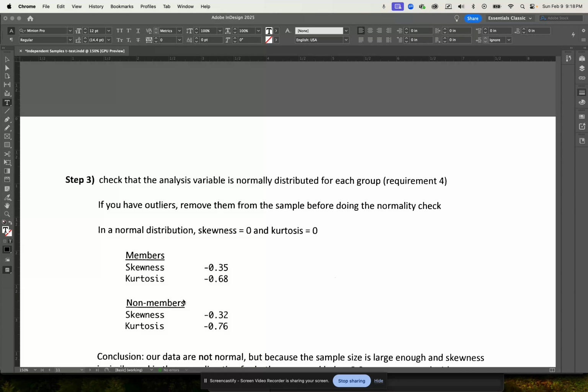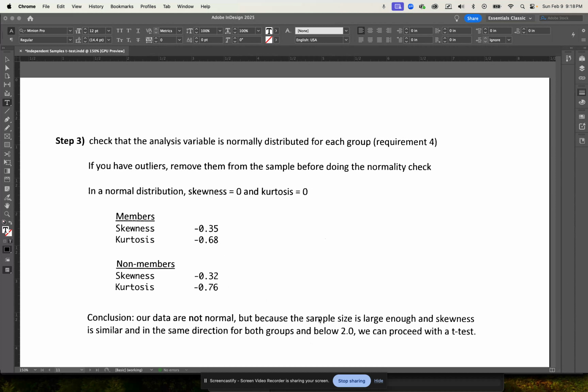So in this case, yes, skewness and kurtosis are not 0, so the data are not normal. But because the sample size is large enough and skewness is similar and in the same direction, and for both groups is below 2.0, we can proceed with the t-test.